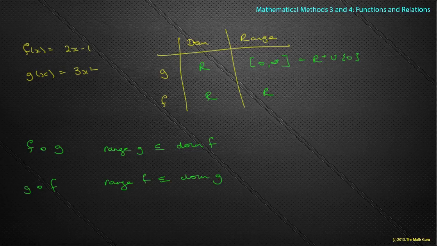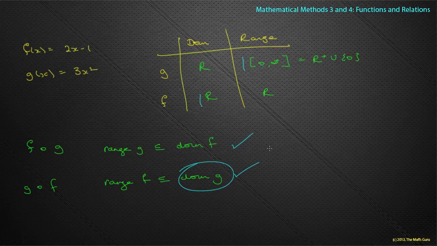Well, let's just see. The range of g, so where is the range of g? This one here. Is it contained in the domain of f? Well, yeah, because these are all real numbers, and this is just a subset, so we now know that that is defined. What about the other way around? Well, is the range of f, which is real numbers, contained in the domain of g? Yep, that's also given by. So, yep, we can see that they are both defined.